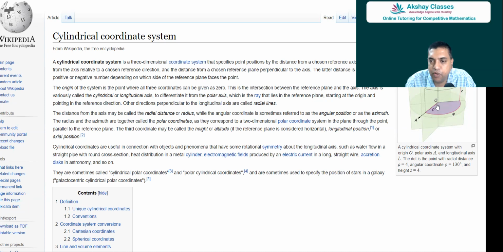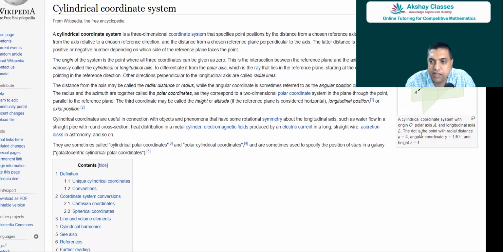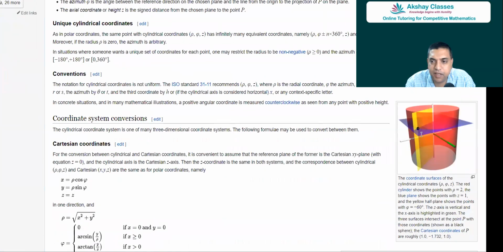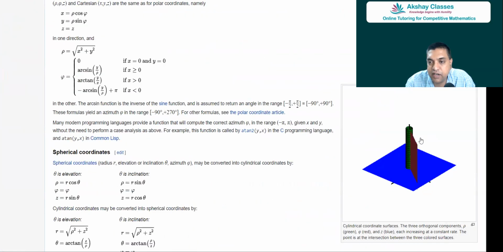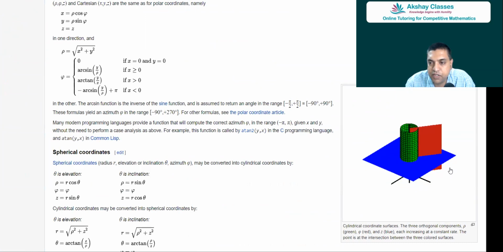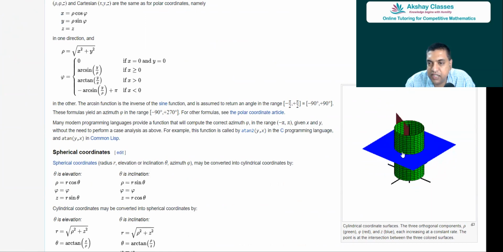This is the pole, this is the initial line, this is theta, and this is z. So in a plane it will be r theta, and perpendicular, it will be z. So cylindrical coordinates are very, very useful. This is r theta z along this cylinder.